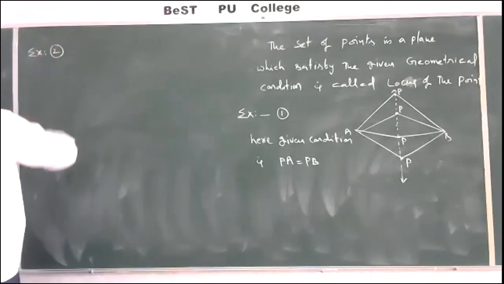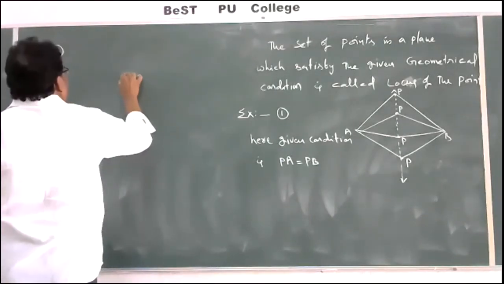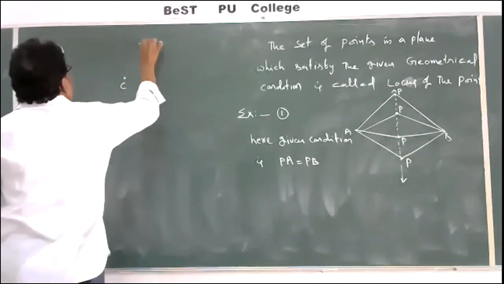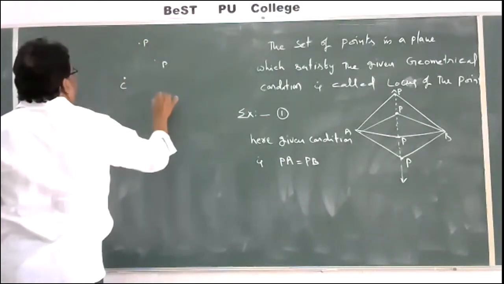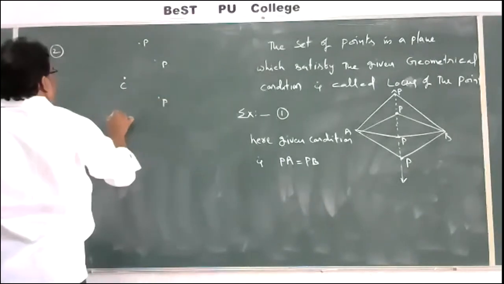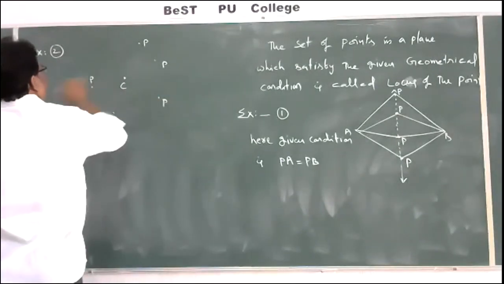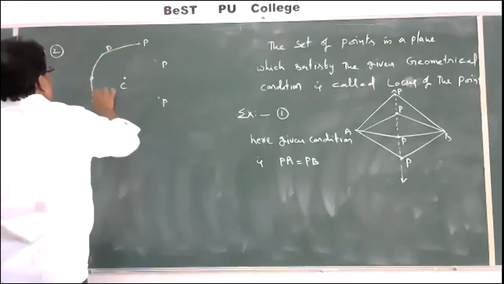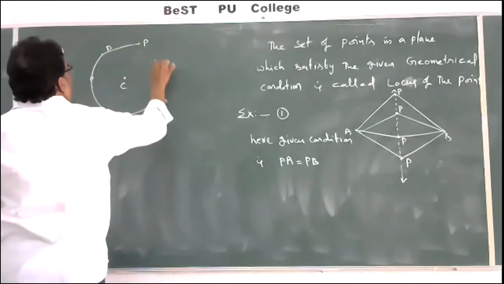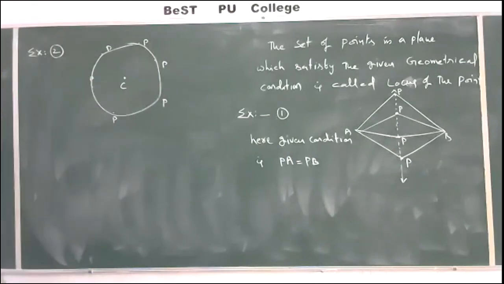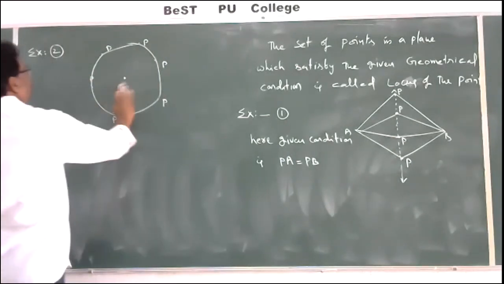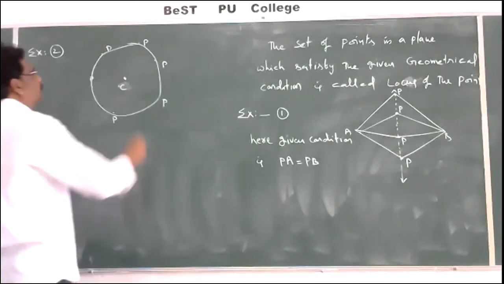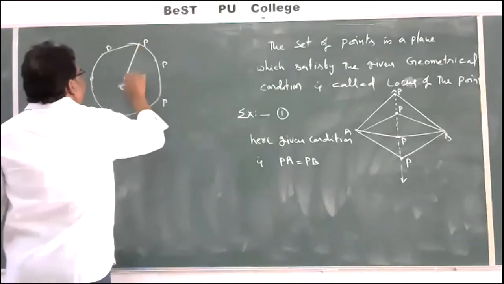Example 2. C is the fixed point, P is the moving point.